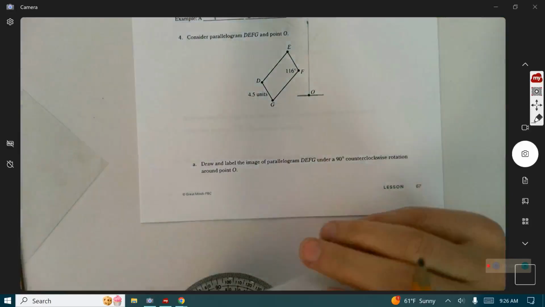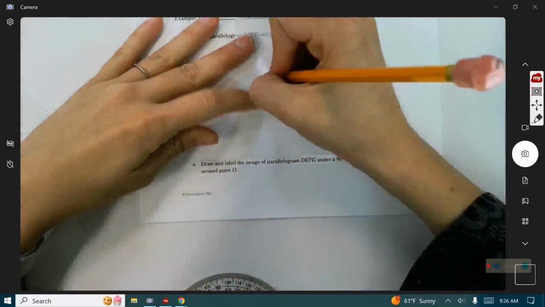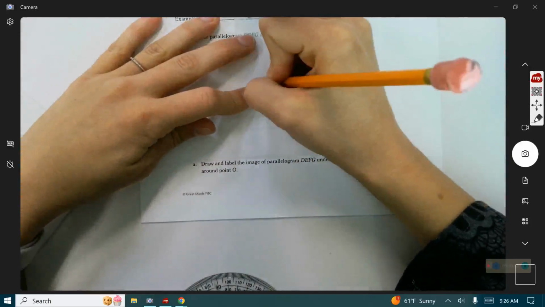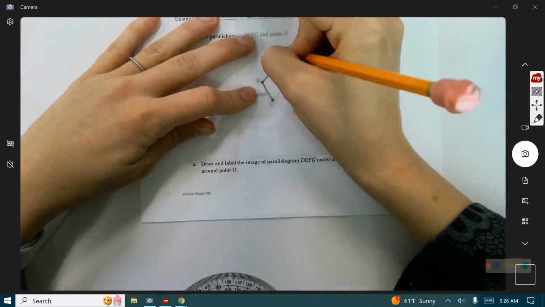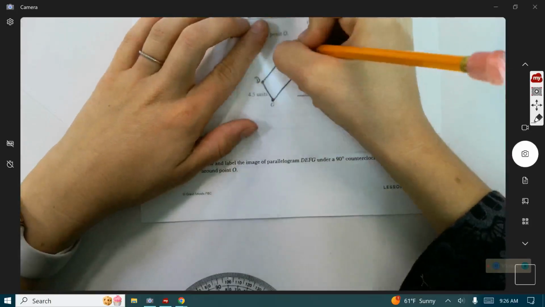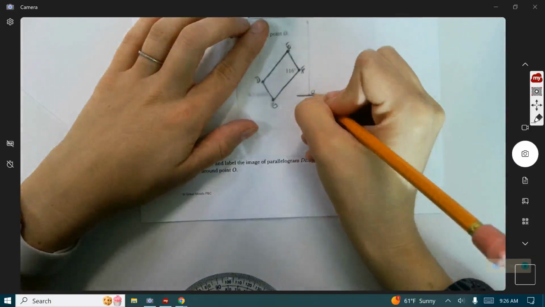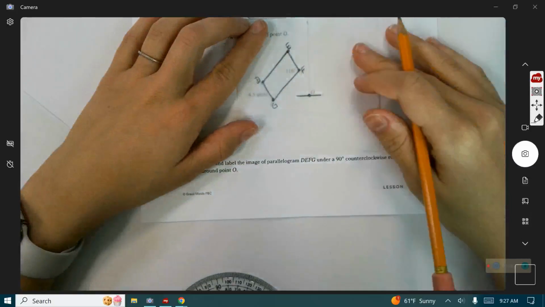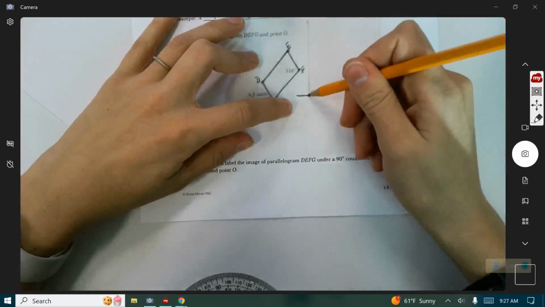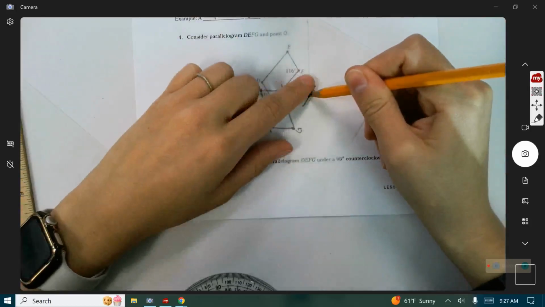Now on our tracing paper, we are going to trace the figure and the line through O. We are rotating counterclockwise, so the opposite direction of the clock, until this line matches up with the mark.